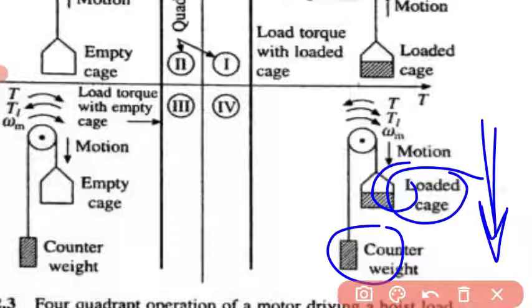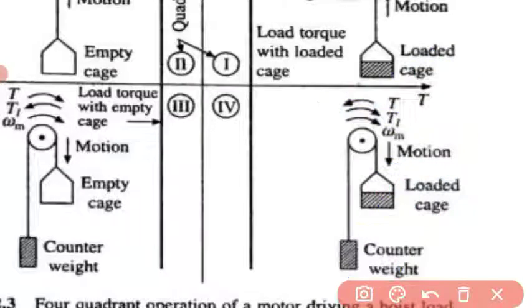Positive torque means it should be anti-clockwise, because our assumption is that the anti-clockwise direction is positive torque. To limit the speed of the cage within a safe value, the motor must produce a positive torque equal to TL2 in the anti-clockwise direction. As both power and speed are negative, the drive is operating in reverse braking.